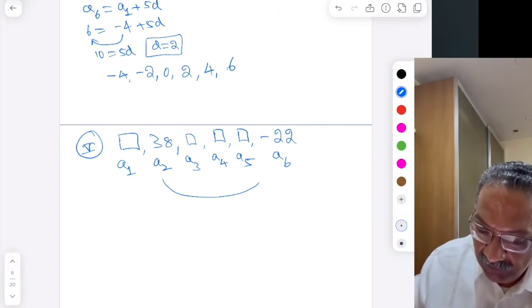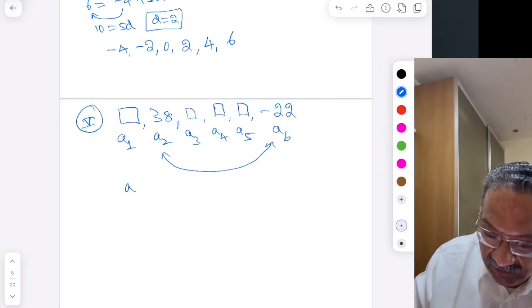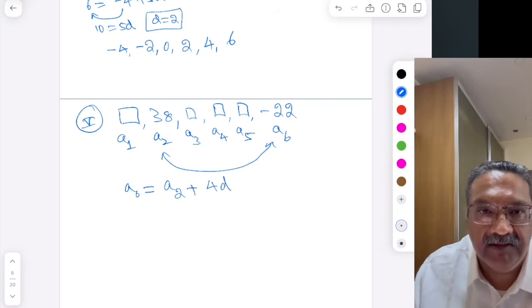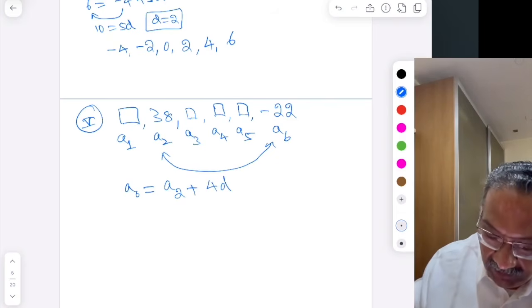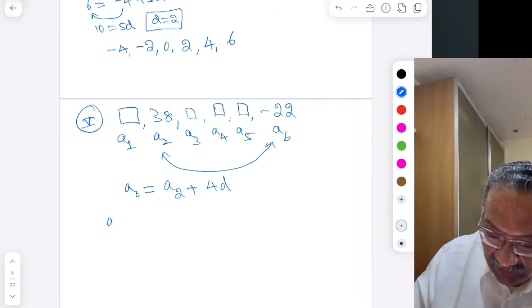Now we know a2 and a6. What is the relation between a2 and a6? a6 is equal to a2 plus 4d, counting 1, 2, 3, 4. Correct? Or if it is difficult to see, a2 is equal to a1 plus d.